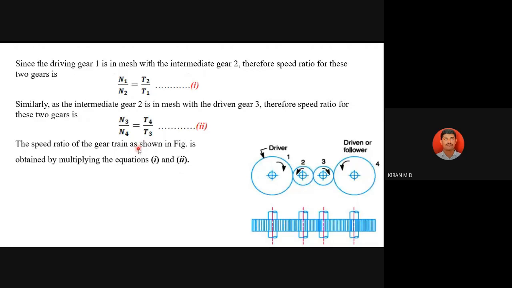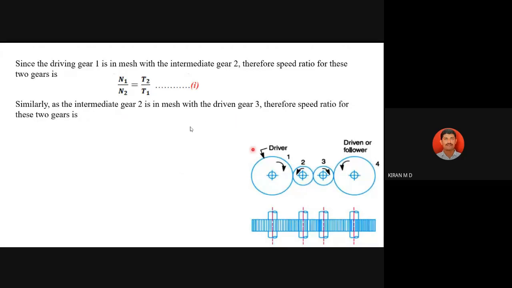Sorry, I have skipped one. So you will get N2 by N3 is equal to T3 by T2. Similarly, N3 by N4 is equal to T4 by T3.